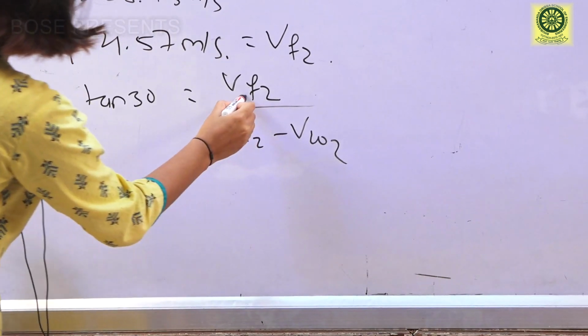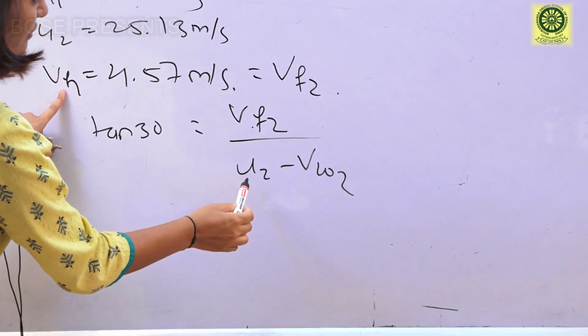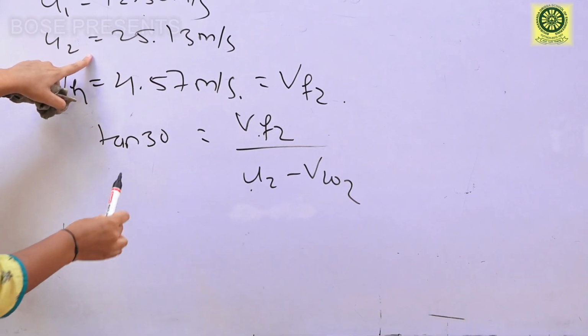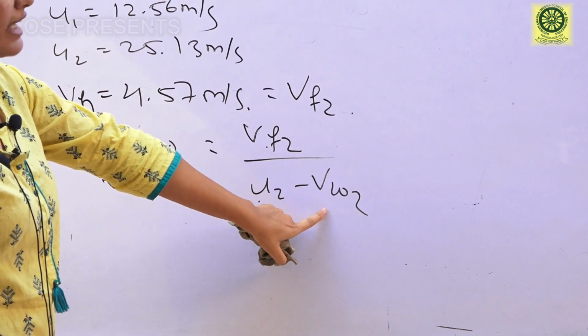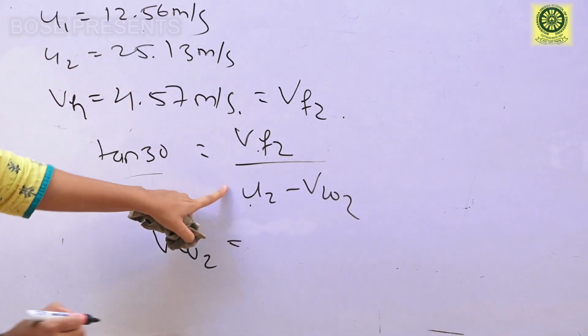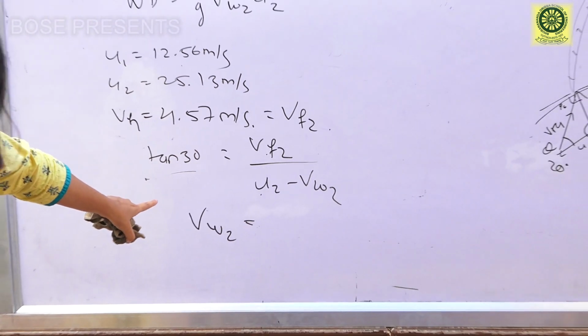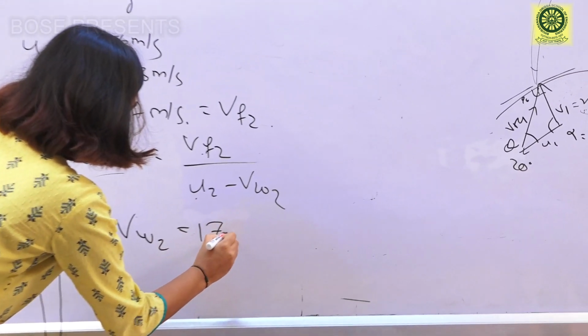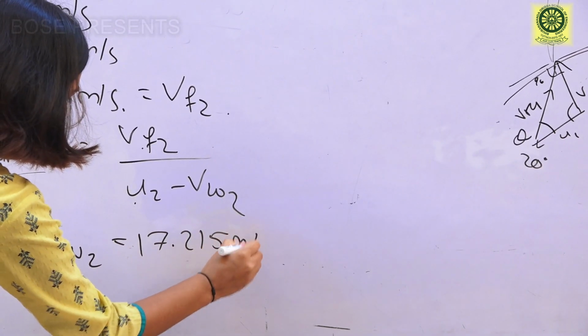We have the value of Vf2, which is equal to Vf1. We have the value of U2. We have calculated tan 30. So we can calculate the Vw2 value. From this we can find out Vw2 as 17.215 meter per second.